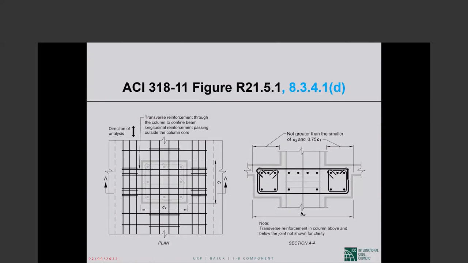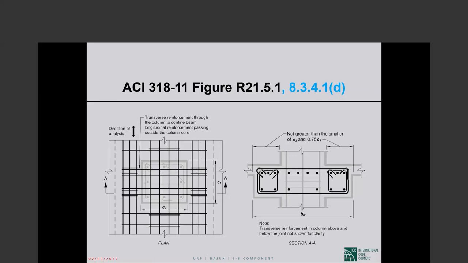We can come up with an effective slab width to define the part of the slab that acts as a beam.